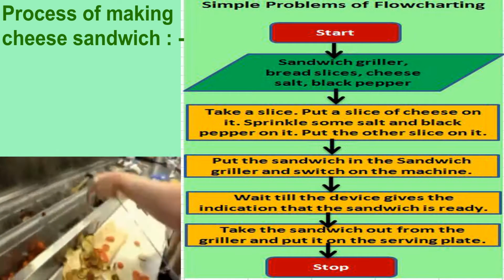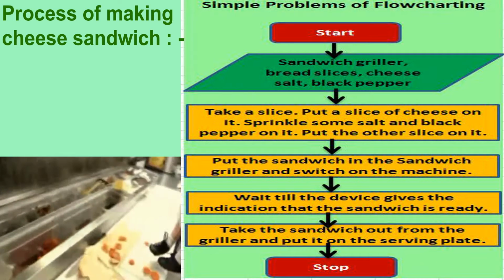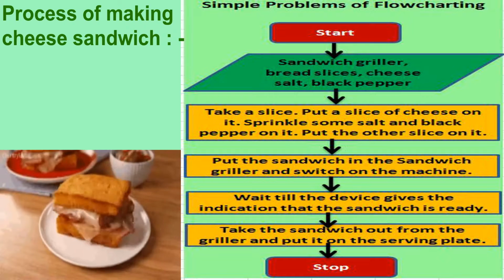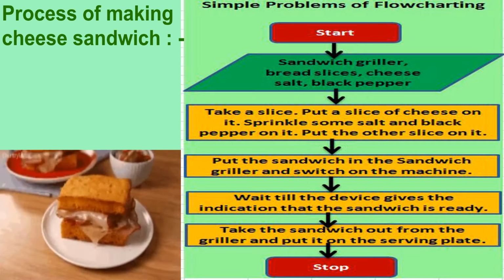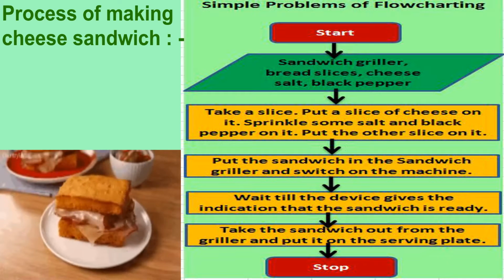Third process, wait till the device gives the indication that the sandwich is ready. Fourth process, take the sandwich out from the griller and put it on the serving plate. Last one is stop. This is the top to bottom approach.